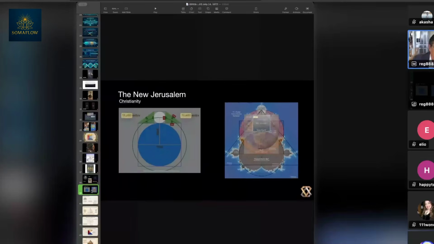And the New Jerusalem is also matching up these same kinds of proportionalities that keep showing up over and over and over again, that relate to the diameter of the earth, its radius of 3,960 miles. And also the Mandelbrot set and tangency of the way the Mandelbrot set is expressed.